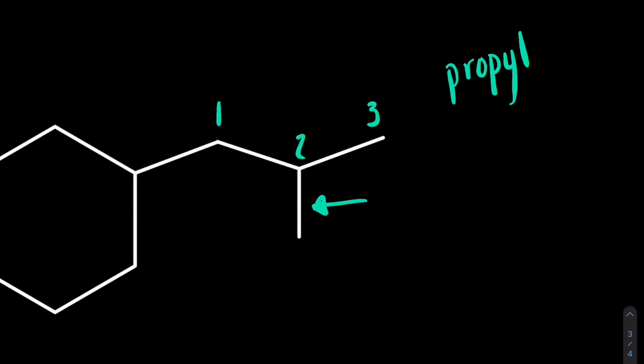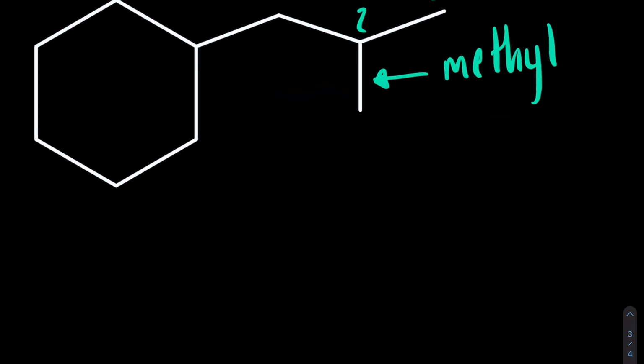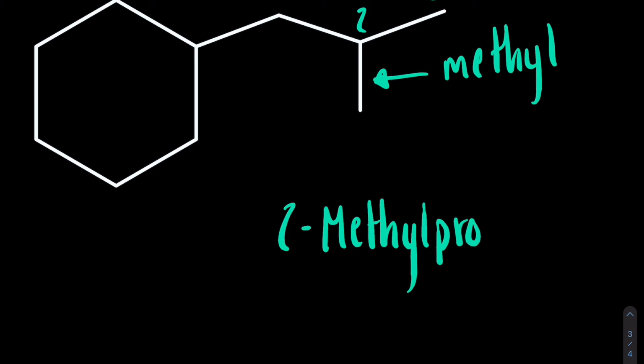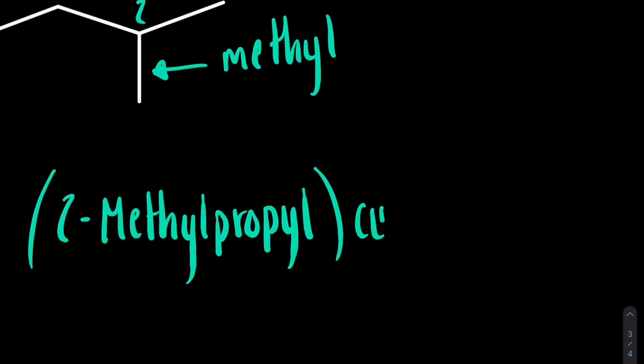What is this substituent? It's a methyl group. When it comes to naming this, it's a little different than before. This name is 2-methylpropyl, because it's on the propyl alkyl substituent. 2-methylpropylcyclohexane.